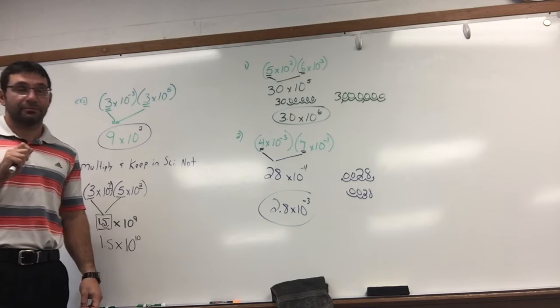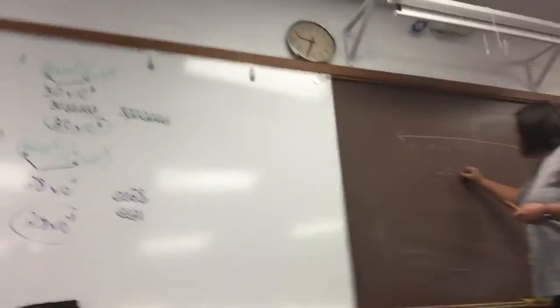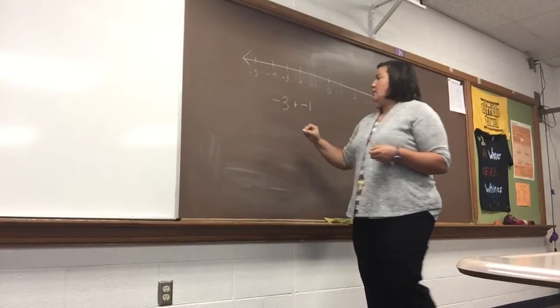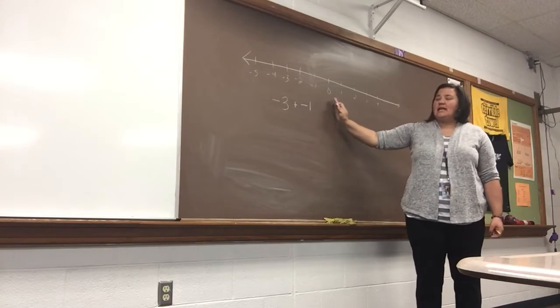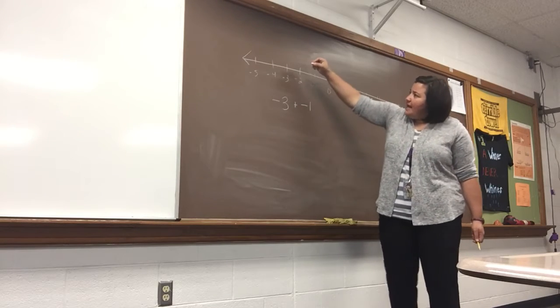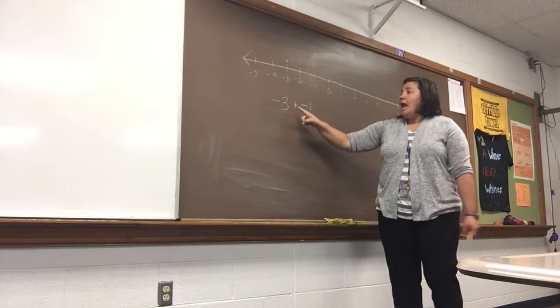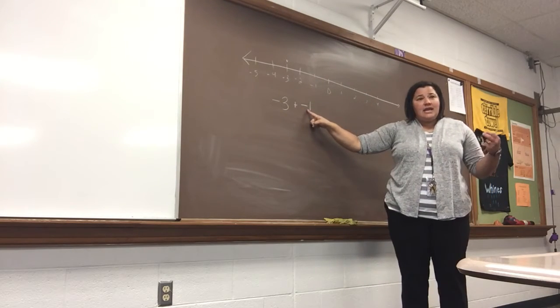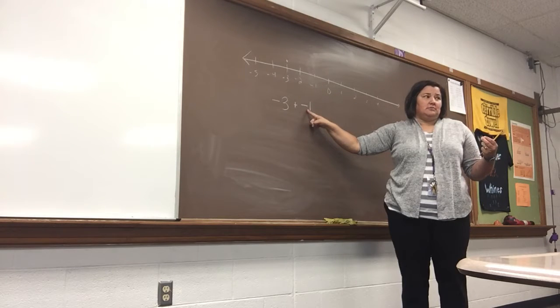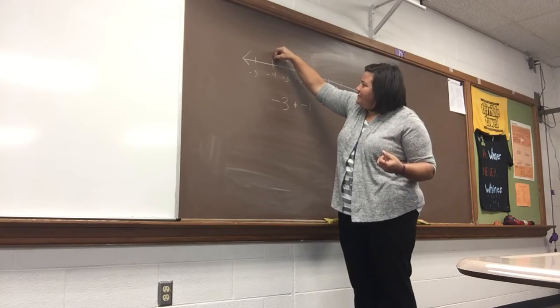No. So I'm going to actually write out the addition problem, okay? Because there are 2 points right here that we're getting confused. The first one is that we are adding negative exponents, and Mr. H showed us this on the number line. In my mind, I start with a -3 on the number line. When I add a negative number, we go in the negative direction, right?